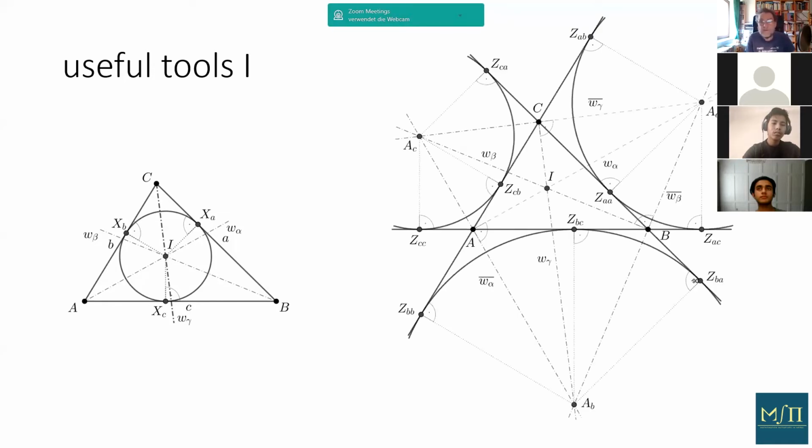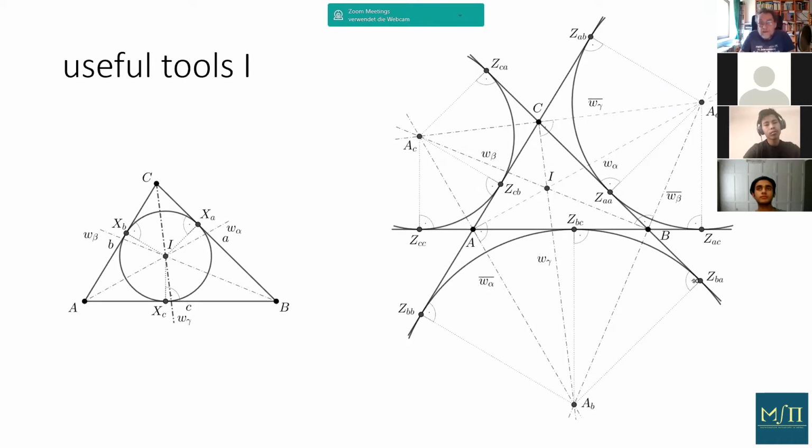That's fairly obvious. But then we also have the concept of the three excircles that I was just talking about earlier. This picture here has a lot of information that we don't really need right now. What we need right now, and what will be a useful tool in our constructions, is simply the idea that we can determine the centers of the excircles, the excenters, also by constructing the angle bisectors between the sides.